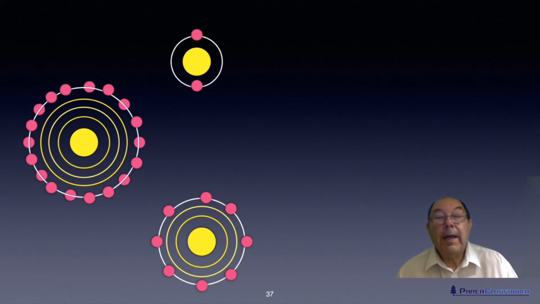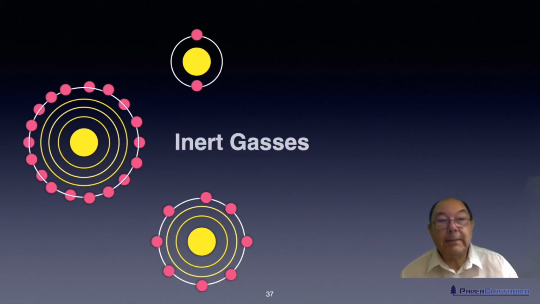Therefore, they are very, very unreactive. And these are the elements that we call the inert gases or the noble gases. They don't react simply because they have no need to. They have full outer shells, and it takes a huge amount of energy to force them to combine with other things.